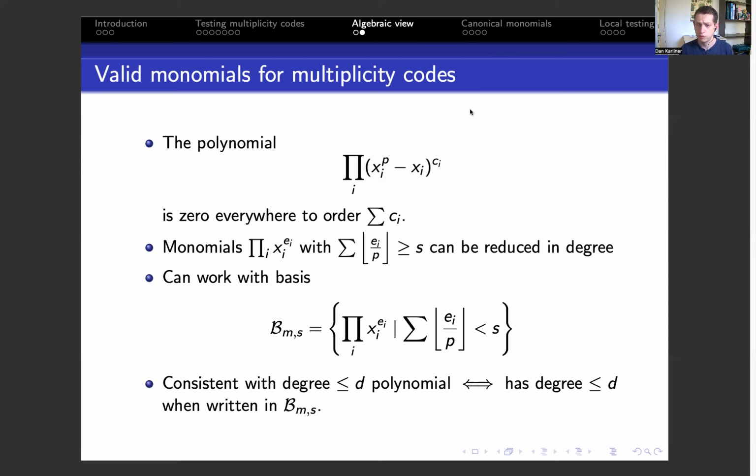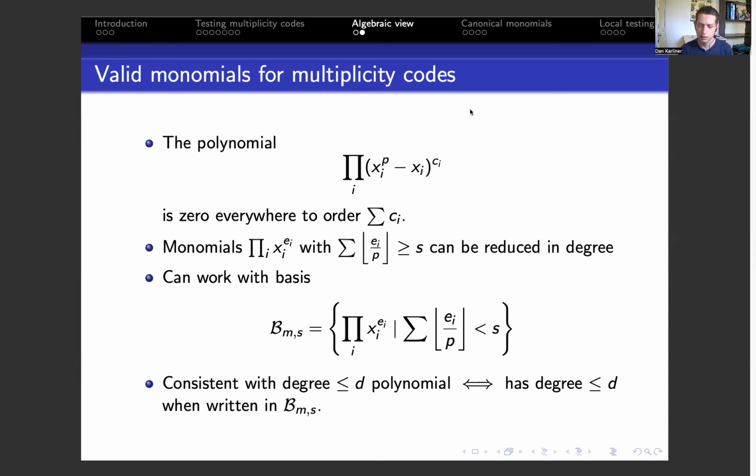Because if the sum of the degrees divided by p is equal to s or larger, we can always subtract a multiple of one of these polynomials and reduce the degree of the polynomial. So this is the basis we'll be working with.